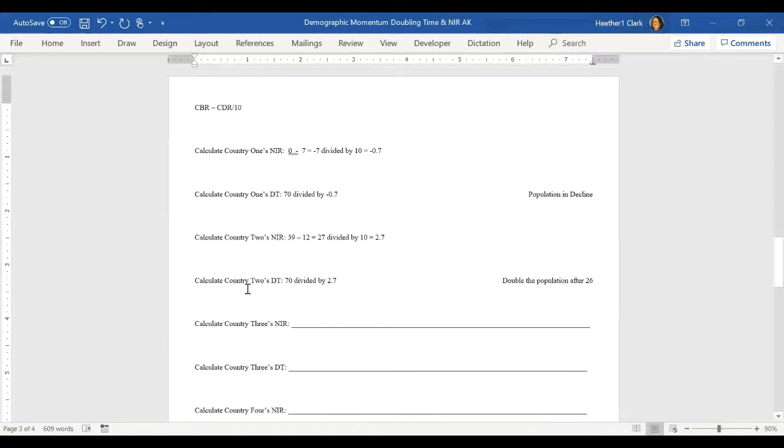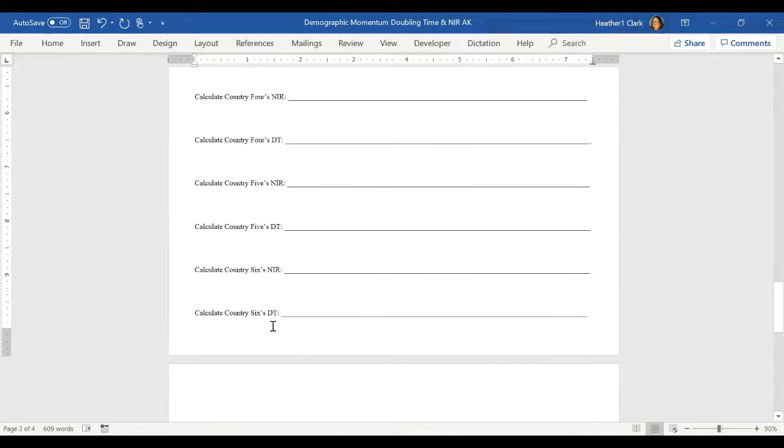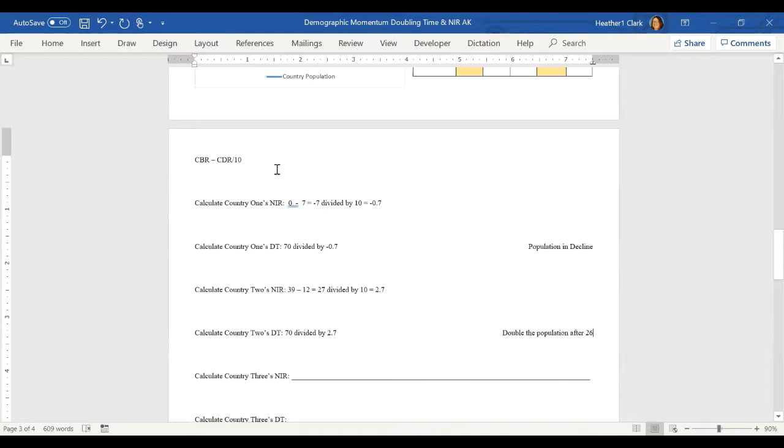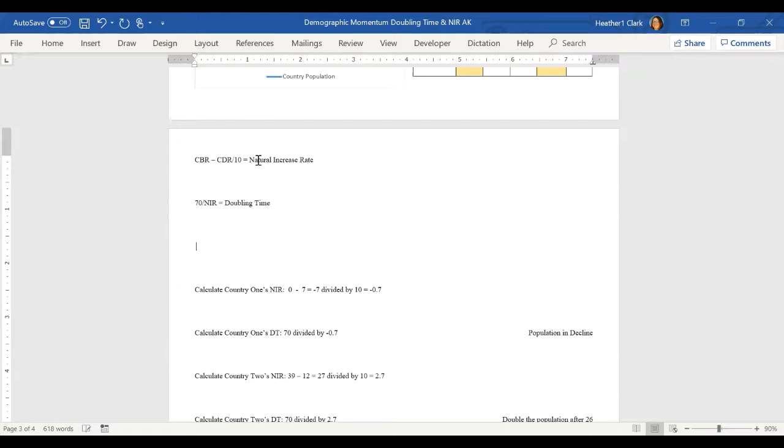Then you continue through countries 3, 4, 5, and 6 the same way as we did here. Again, the crude birth rate minus the crude death rate divided by 10 is the natural increase rate. And 70 divided by the natural increase rate equals the doubling time. A negative doubling time is always population in decline.